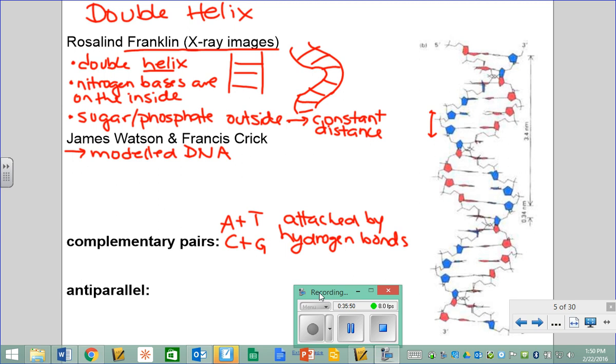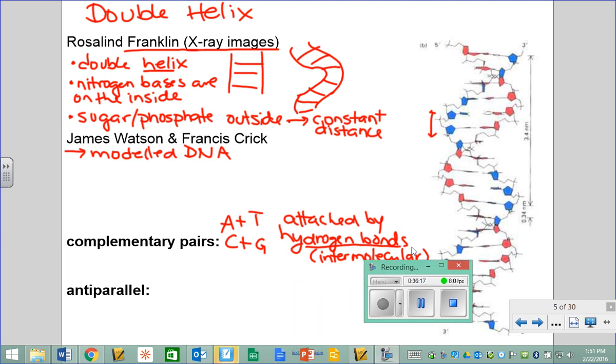It has to do with electron arrangements. Hydrogen bonds are intermolecular. That means they're between molecules. They're not as strong as, say, a covalent bond that holds two parts of the same molecule together. So it would be easy to break those hydrogen bonds. That's a weaker bond than, say, the other chemical bonds in DNA.